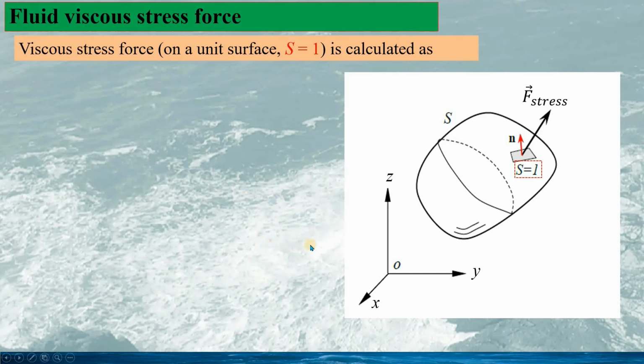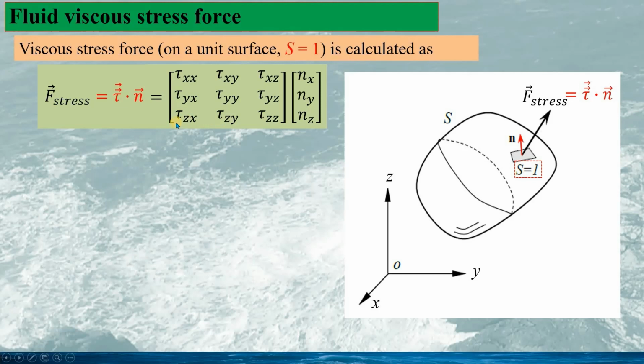In this slide, the viscous force is calculated on a unit surface S equaling 1, and the viscous stress force is calculated as the vector F stress equaling the viscous stress tensor dot times the vector n. If we write the tensor and the vector in detail, we have the expression like this.